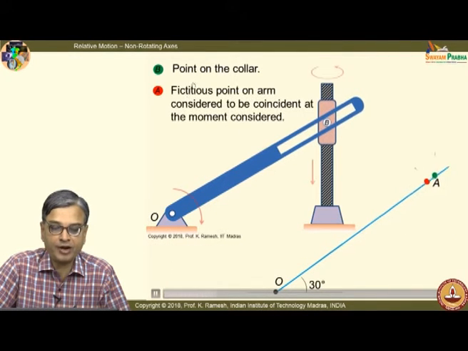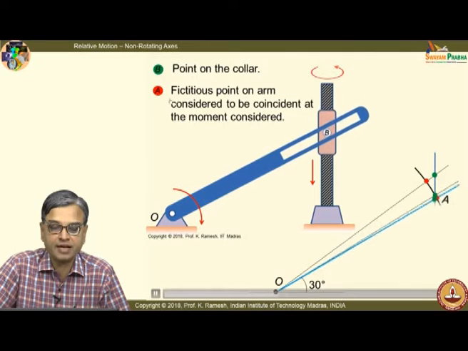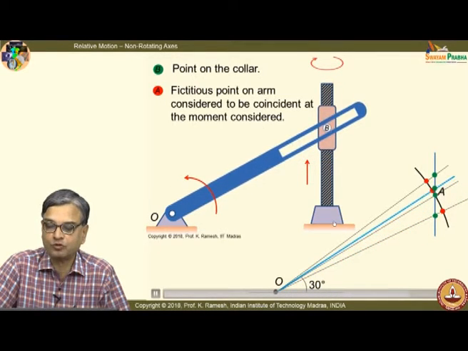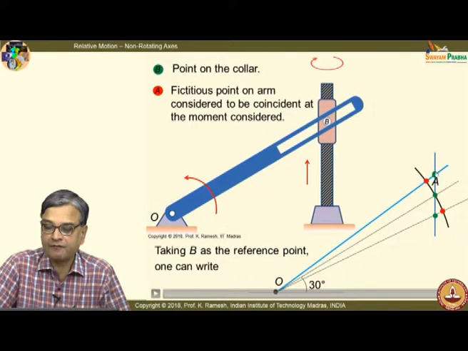I have a point B on the collar and a point A on the arm. You could see that I have shown the point B as green in color and the point A as red in color. At this instant of time, points A and B are coincident.